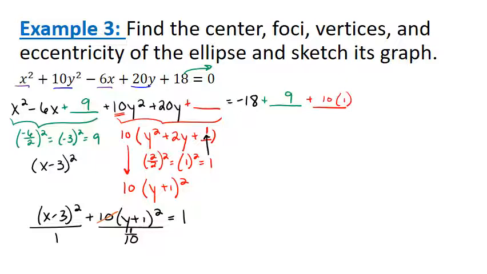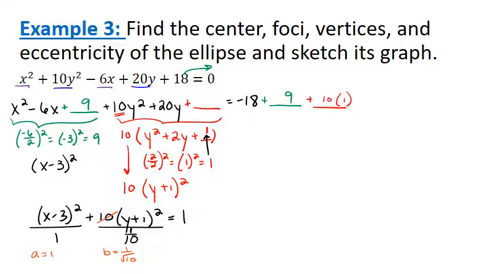So from here, I can identify a lot of things. Now, this is a squared. So if a squared is 1, then a is 1. Here, this is really b squared according to the formula. So b is the square root of this, which is 1 over the square root of 10.